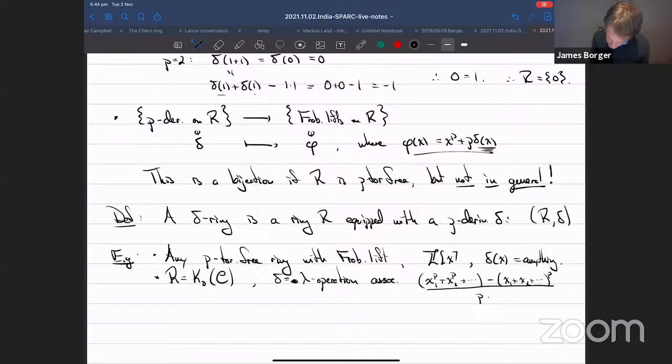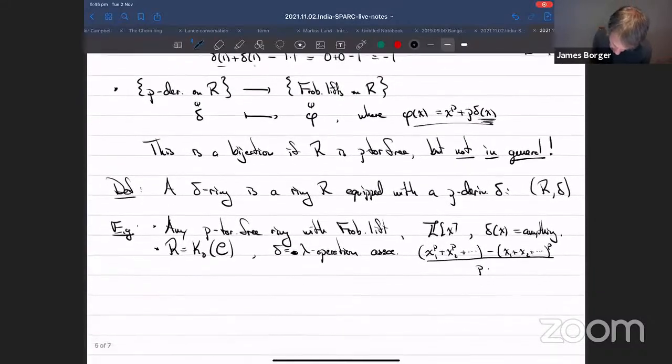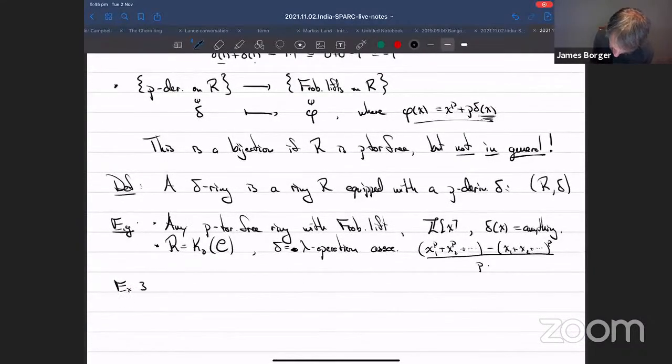Okay, let me give a couple more exercises. So we got up to exercise 2. Now exercise 3 is, in fact, this thing I said above for F_p algebras is also true for Z/p^n Z algebras.